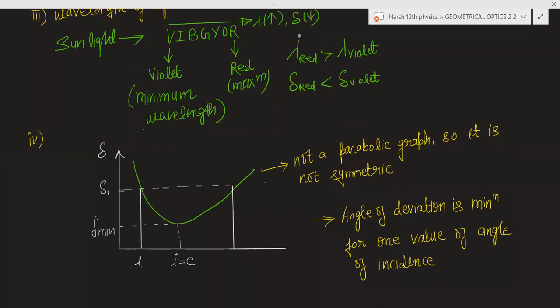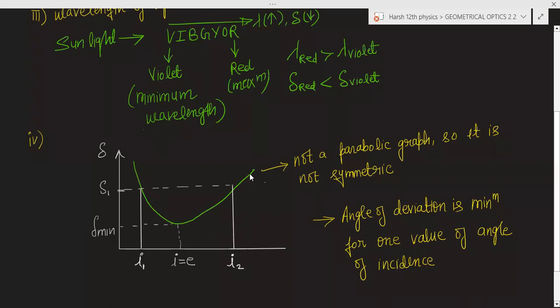Suppose this is I1, and at I1 you get delta 1. There will be another value of incidence, suppose this is I2. For I2 you also get the same value, delta 1. But you get the minimum angle of deviation for only one angle of incidence.